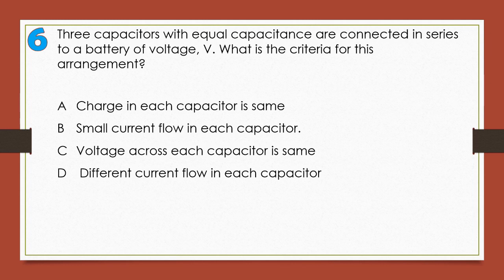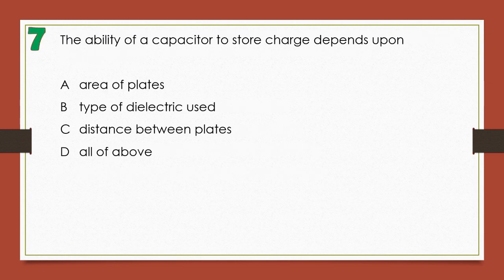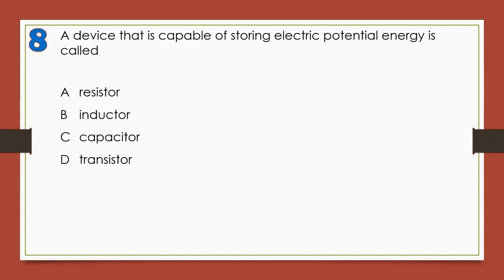Question number 6, 3 capacitors with equal capacitance are connected in series to a battery of voltage V. What is the criteria for this arrangement? Question number 7. The ability of a capacitor to store charge depends upon?